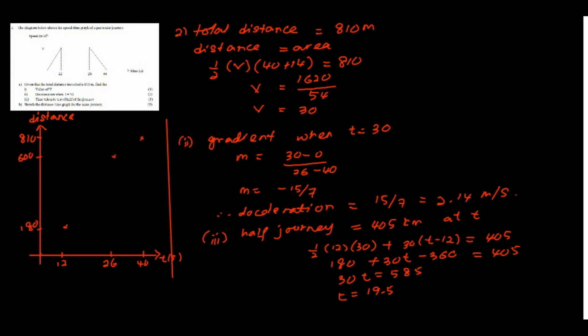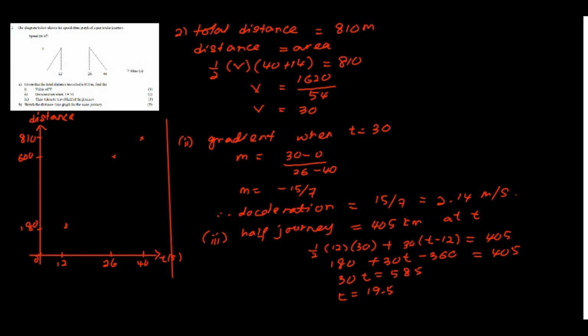So it should be a curved graph because you start from here. There is acceleration, so it goes up. This point, and then the graph is not nice, so I'm drawing it again.